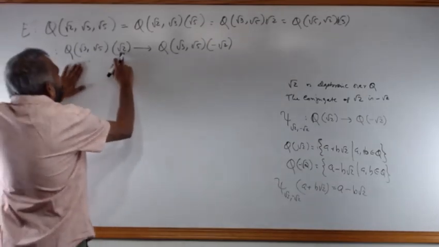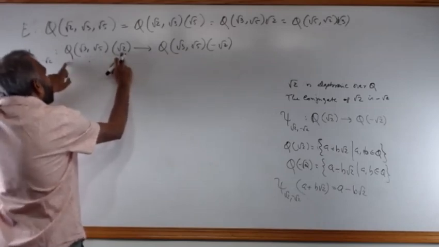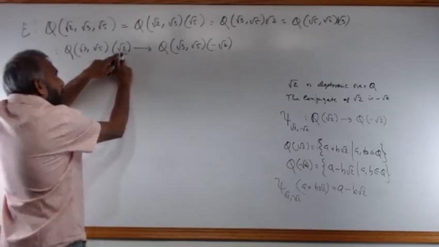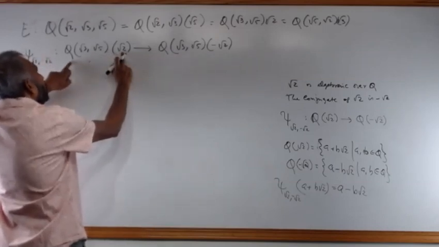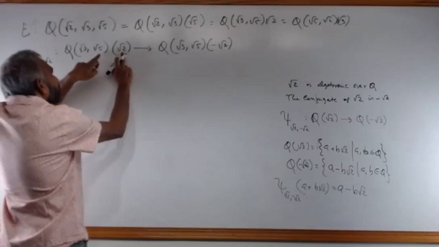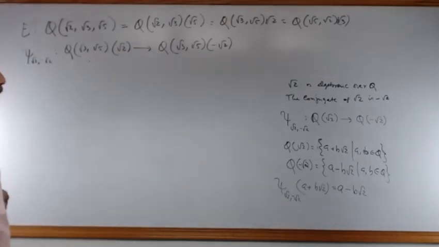Because root 2 is not inside here, this is as good as saying Q of root 2. And Q of root 2 is algebraic over Q of root 3 plus root 5, no problem, with the same irreducible polynomial.